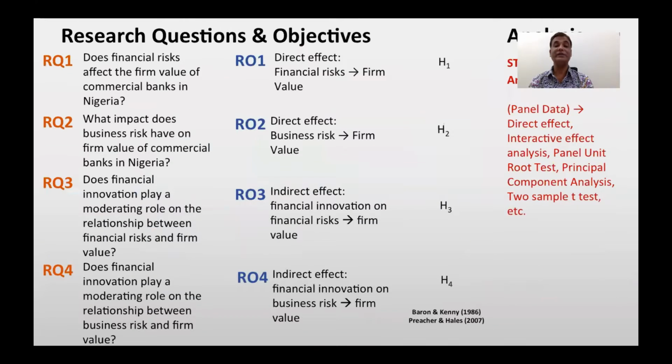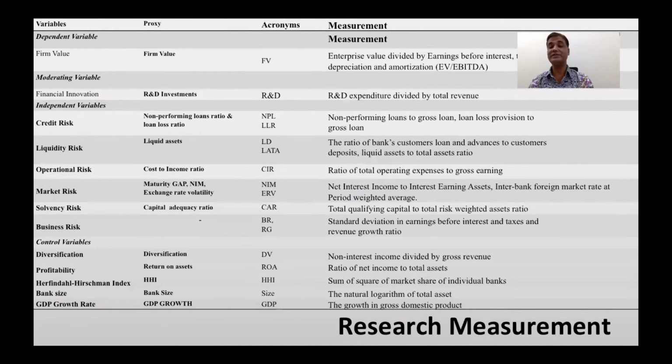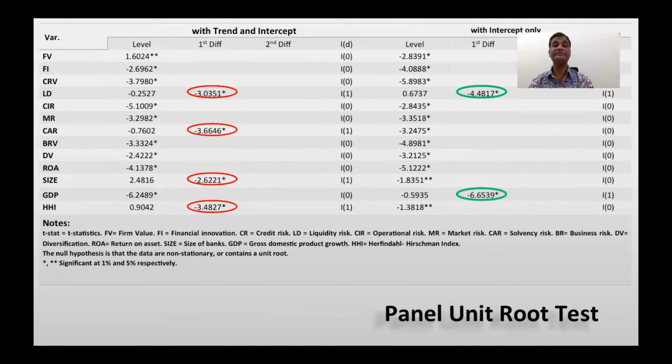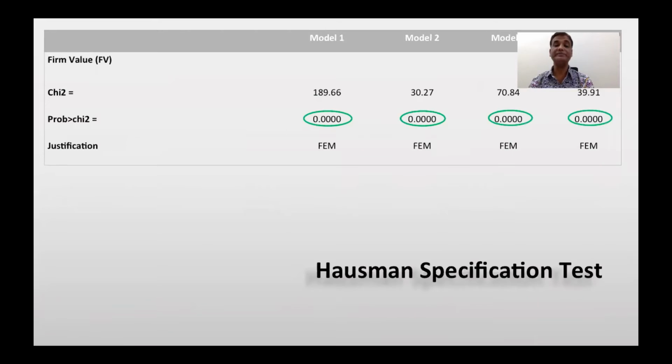He continued with the research question, research objectives, measurement of variables, and a preliminary descriptive description of the data. And he continued with the presentation of findings. If you compare with the earlier one, this student wanted to have the results slide in front of him so that it becomes easier for him to explain.